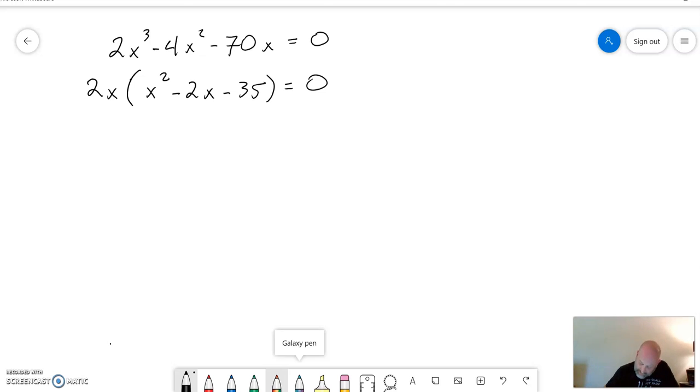All right, so I have two factors now. The idea is to see whether this guy factors, right? So we have to see if that guy will break down. We'll set up for this trinomial here. We'll set up our master product. So that's going to be a negative 35 in this case, and the sum I want is negative 2. Now, if you go down your list of things, 35 doesn't have too many factors.